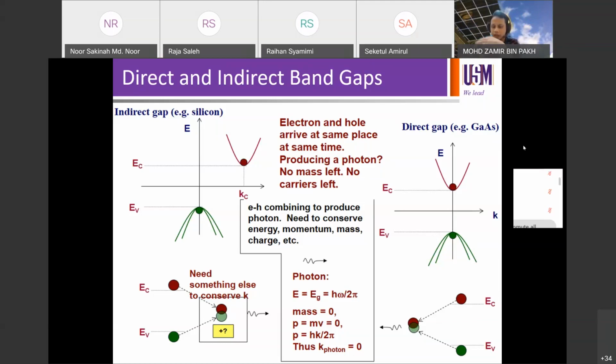The transition here means the electron can move from valence band to conduction band, so bottom to up. To move from valence band to conduction band, that means moving up vertically. We have the energy axis on the y-axis, and what we call crystal momentum on the x-axis.